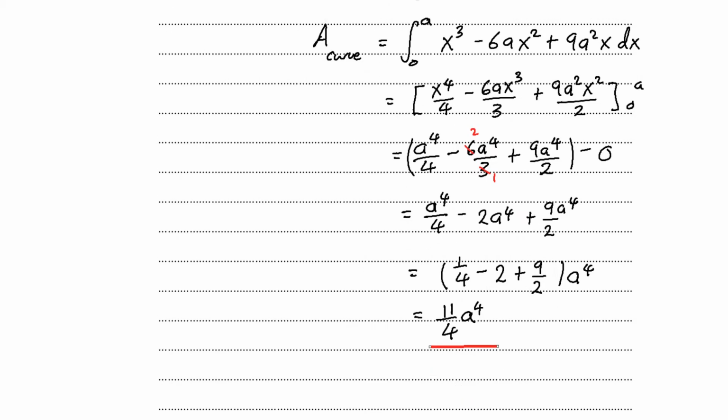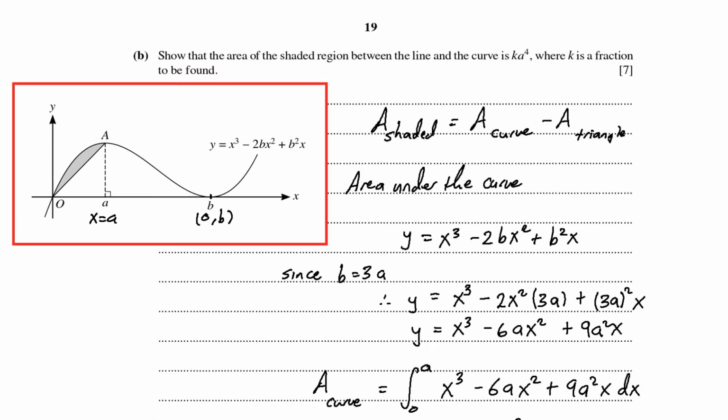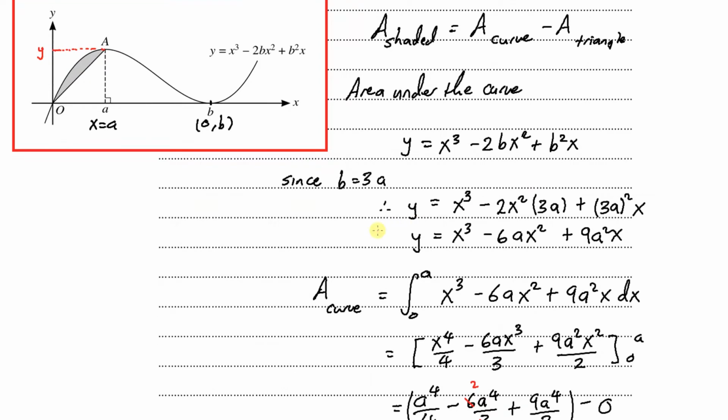Now that we have the area under the curve, we now need to find the area of the triangle. Since we know that x is equal to a, we also need to find the y value here. Now I'll take the equation of the curve, which is in terms of a.